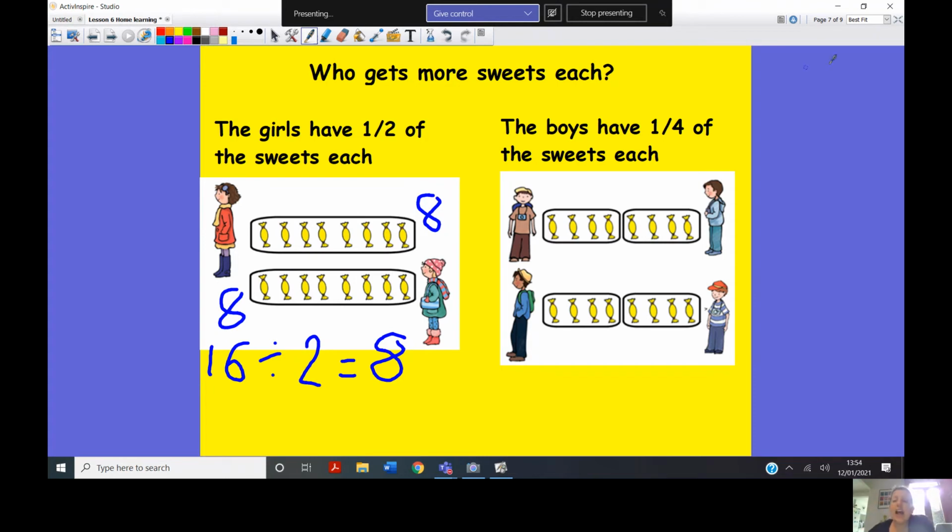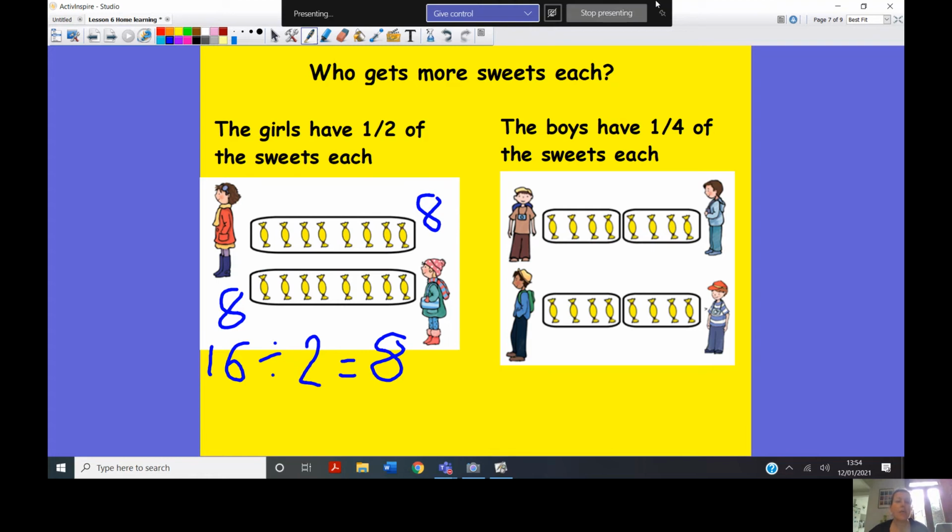The boys here have a quarter of the sweets each. So these have been grouped into 4 separate groups. Let's check that this is right together. 1, 2, 3, 4, 5, 6, 7, 8, 9, 10, 11, 12, 13, 14, 15, 16.